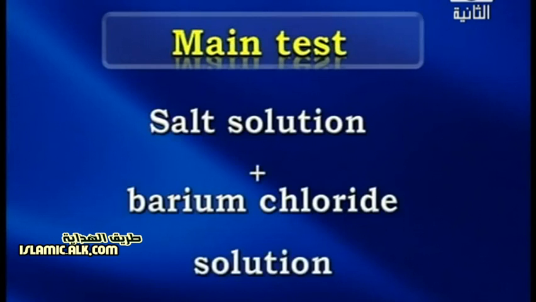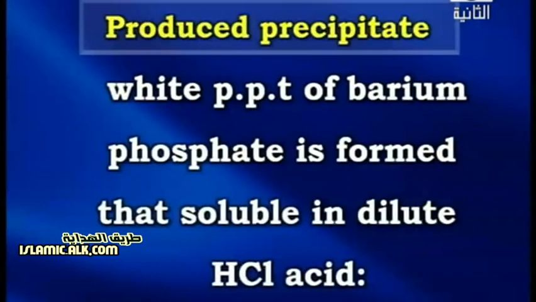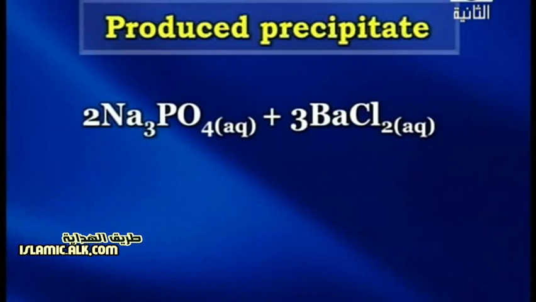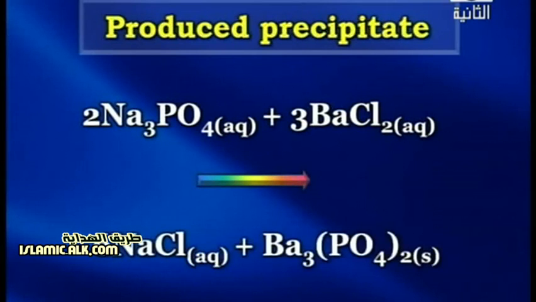The main test is the salt solution plus barium chloride solution. Here the produced precipitate is a white precipitate of barium phosphate that's soluble in dilute hydrochloric acid. As the equation on the screen shows, sodium phosphate plus barium chloride gives sodium chloride and a white precipitate of barium phosphate.